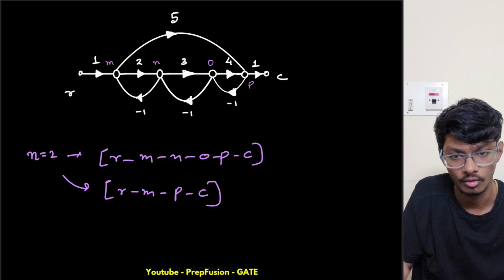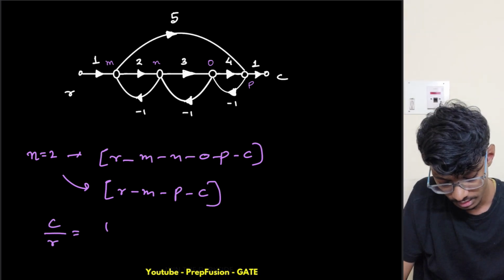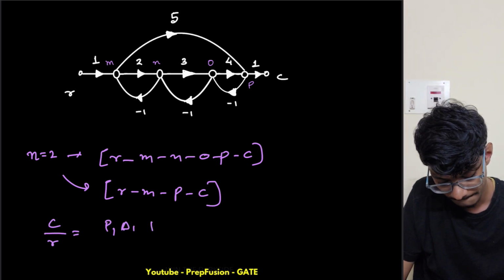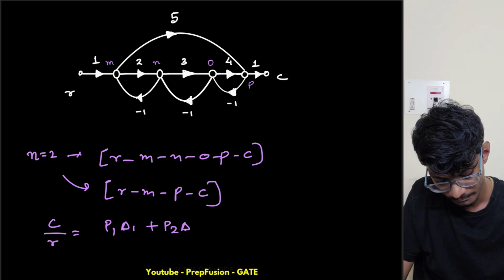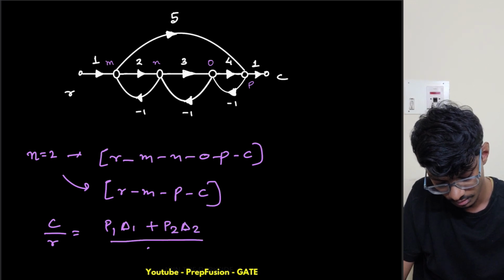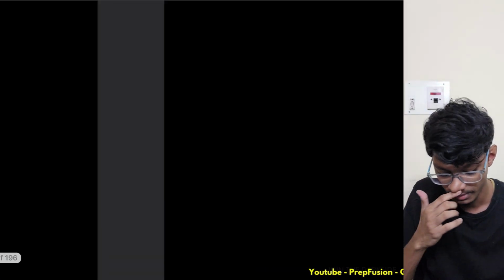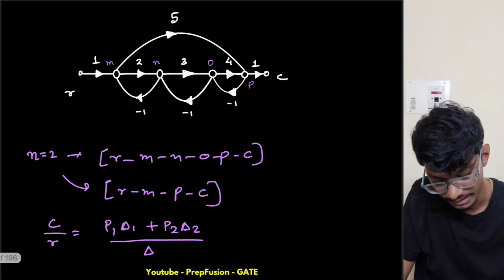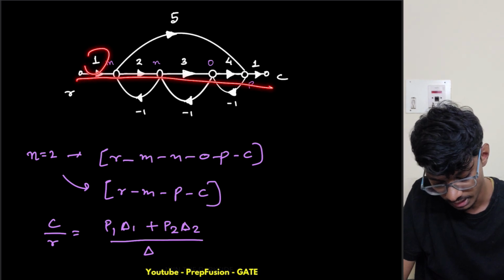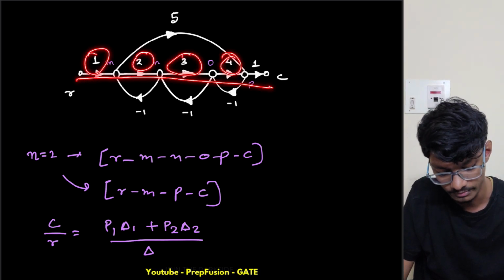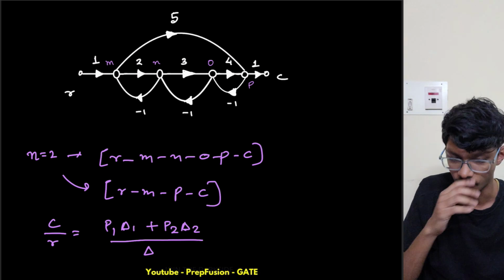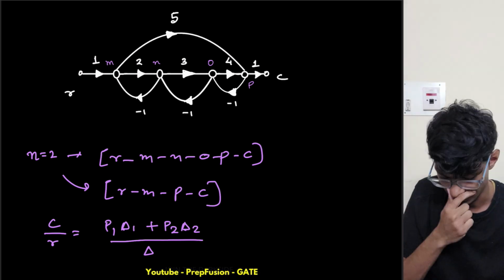So how will our formula look like? C by R will be P1 delta 1 plus P2 delta 2 divided by delta. So what is the forward gain? From here I can do it directly. First path: 1 times 2 times 3 times 4 times 1, so it is 4 factorial, which is 24.